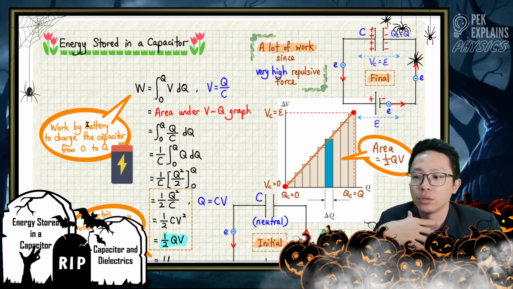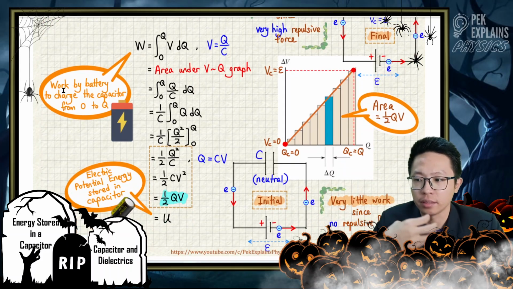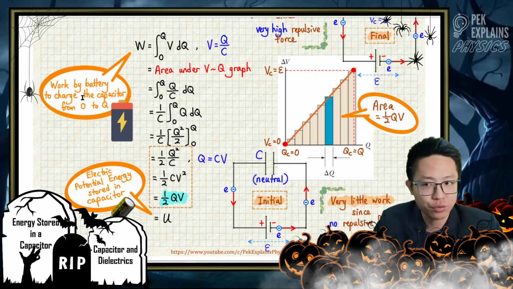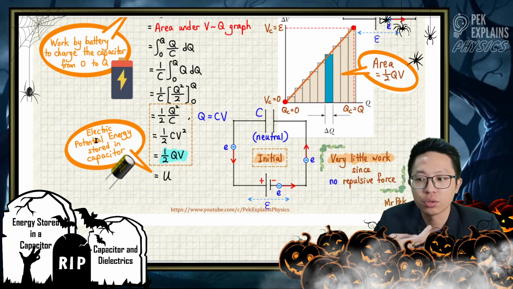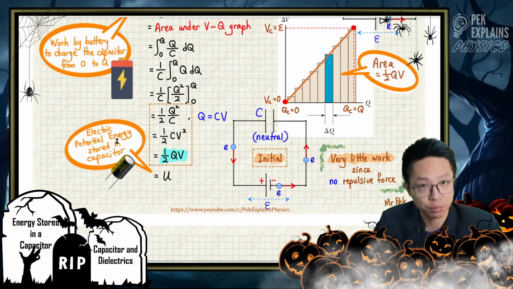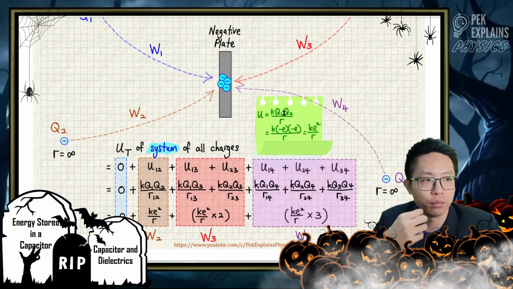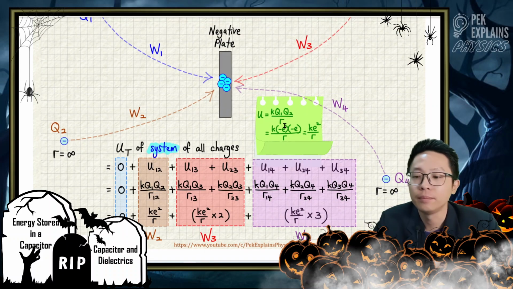After the battery has done the work to charge the capacitor, all the work done by the battery will be stored in the capacitor as electric potential energy. Do you still remember what you learned about electric potential energy in chapter 1, electrostatics, where you learned this formula: electric potential energy is kQQ over r.